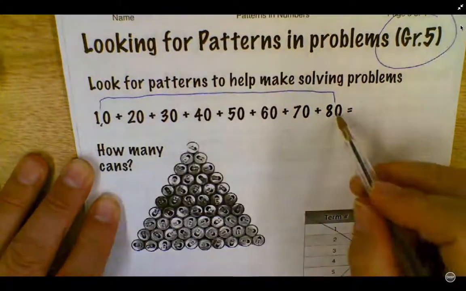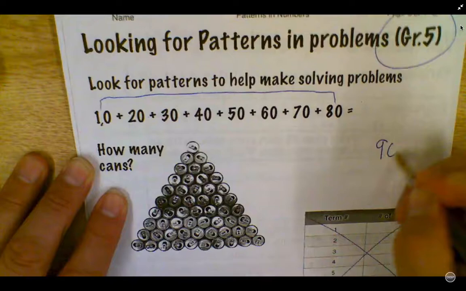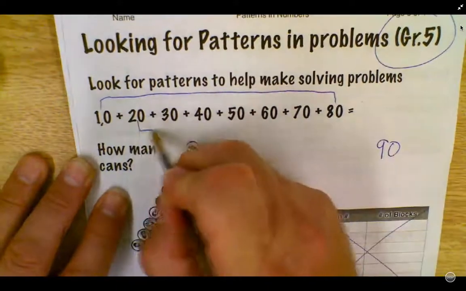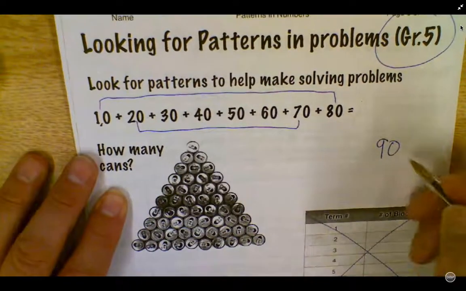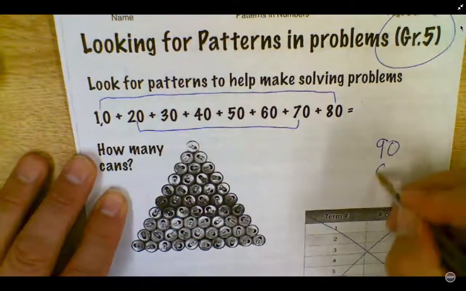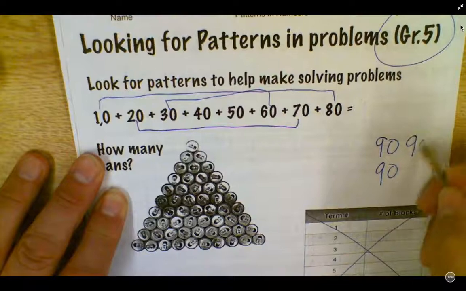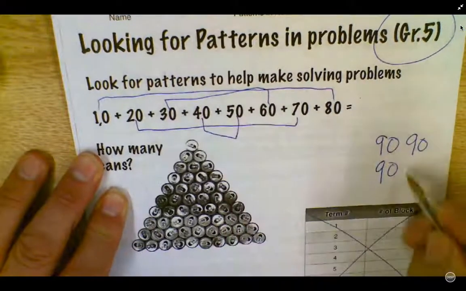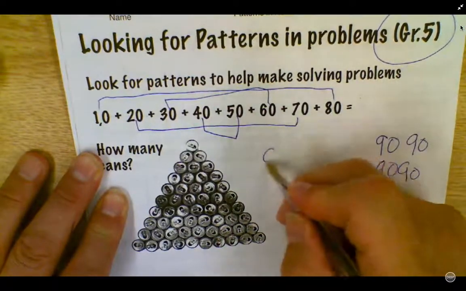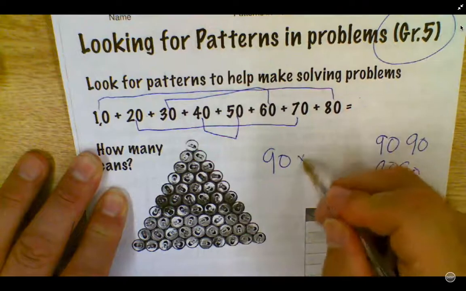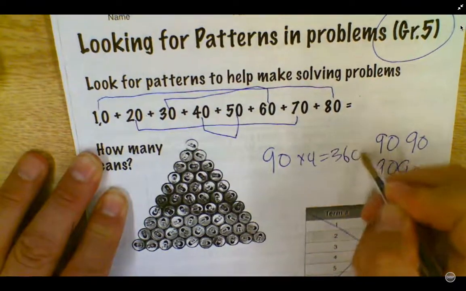So 10 plus 80 gives me 90. But then 20 plus 70 also gives me 90. And 30 plus 60 gives me another 90. And 40 plus 50 gives me another 90. So I have my 90, and I can multiply that by 4 to give me a quick 360.